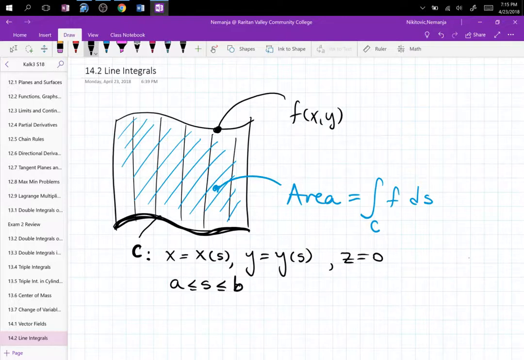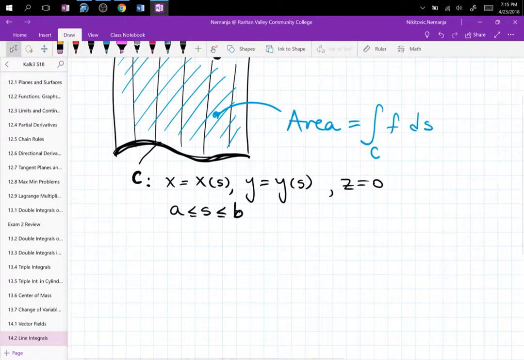So the first definition is the definition of the scalar line integral in a plane, but we are not using this to compute anything. We've seen these concepts before.